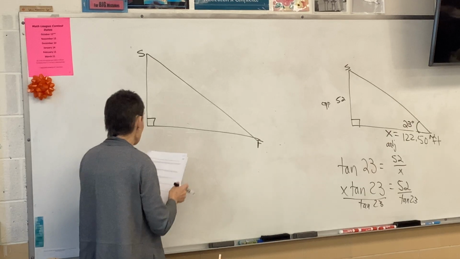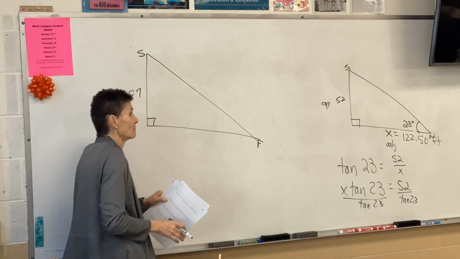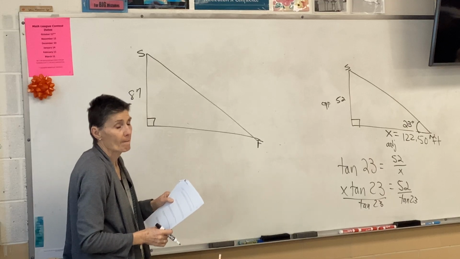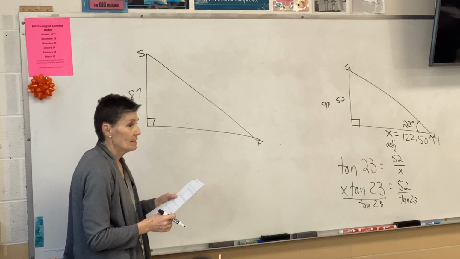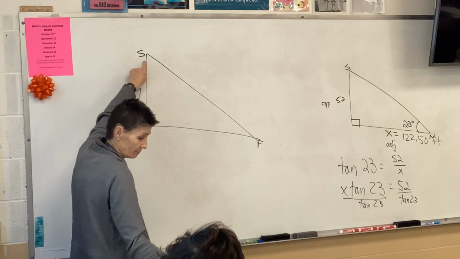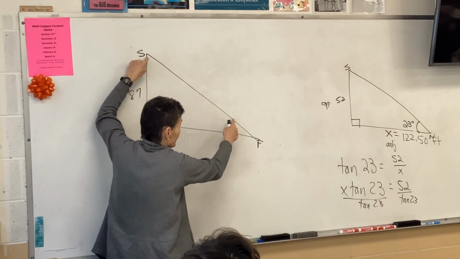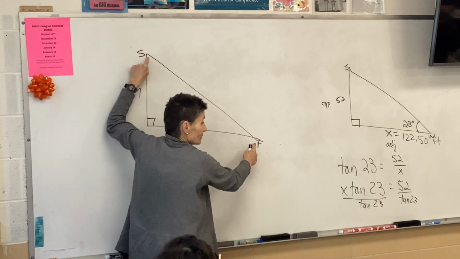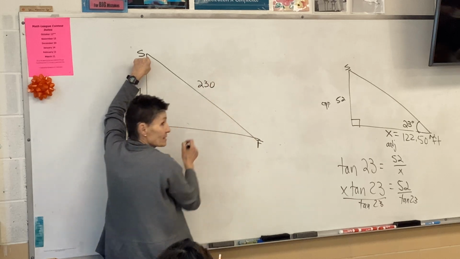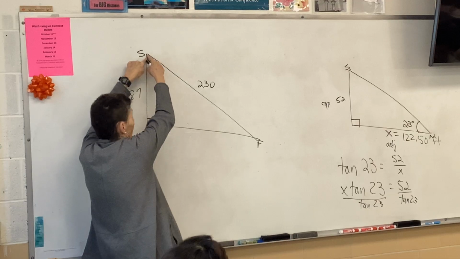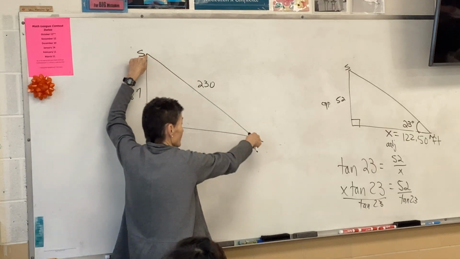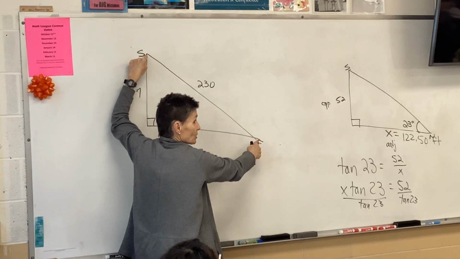The gull is 87 feet above sea level, and the gull is 230 feet from the fish. This is 230. Does that make sense to everyone? Yep. The gull is 230 feet from the fish.